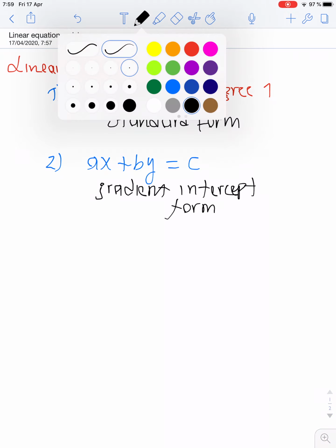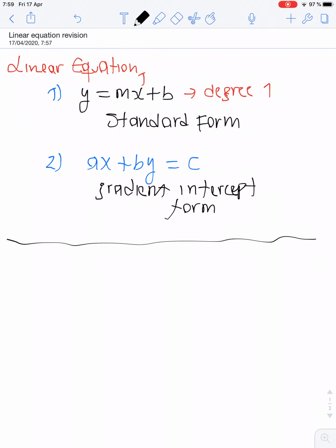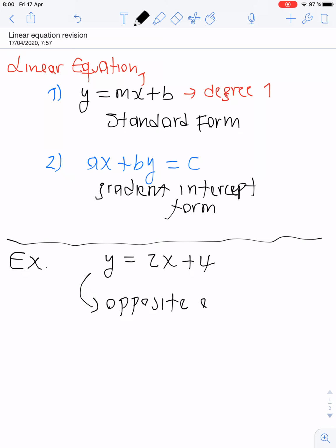As an example, if we have an expression like y equal 2x plus 4, it is in a standard form. But in case we need to convert this into a gradient intercept form, we need to apply the inverse, opposite operation. Writing the expression again, the value of x needs to be on the left side.